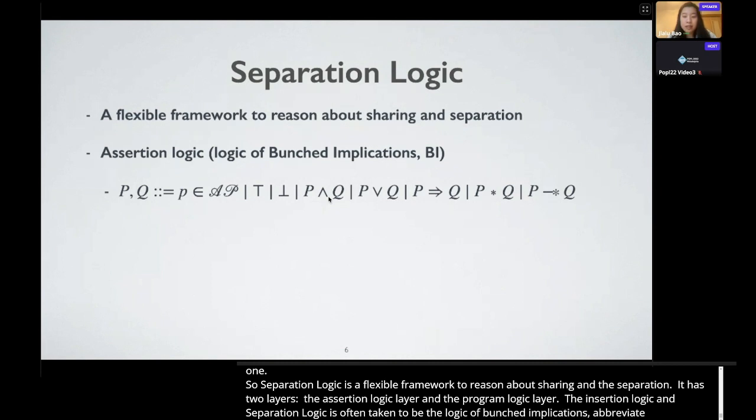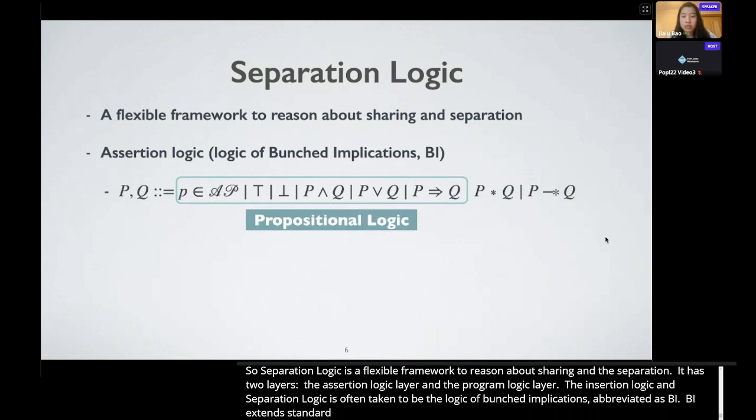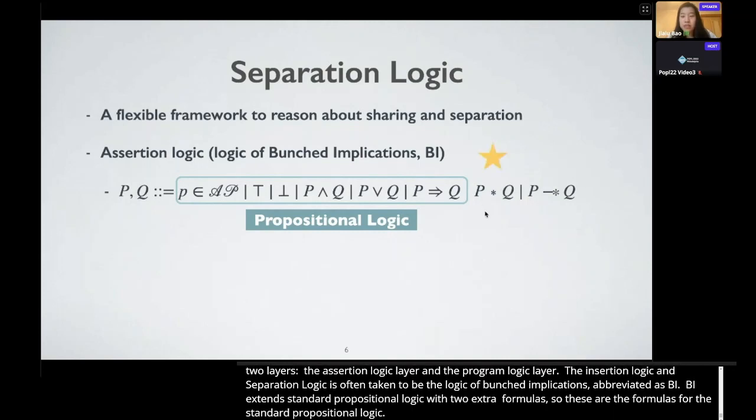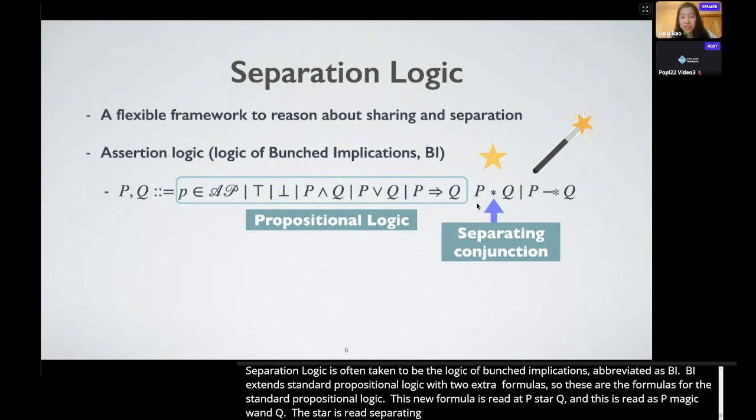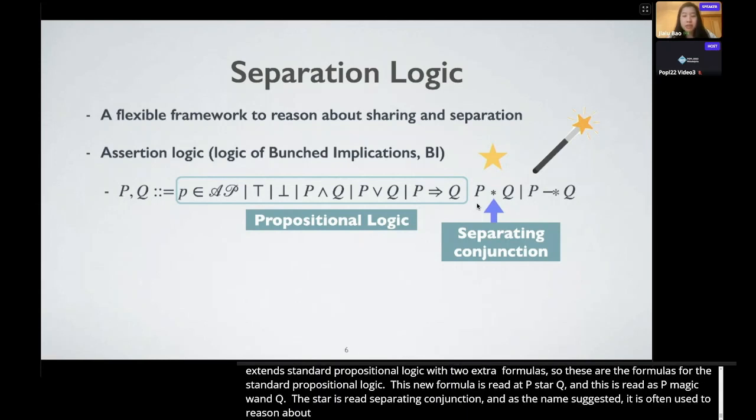BI extends standard propositional logic with two extra formulas. So these are the formulas for the standard propositional logic. This new formula is read as P star Q, and this is read as P magic wand Q. The star is also called separating conjunction, and as the name suggests, it is often used to reason about separation of different states.